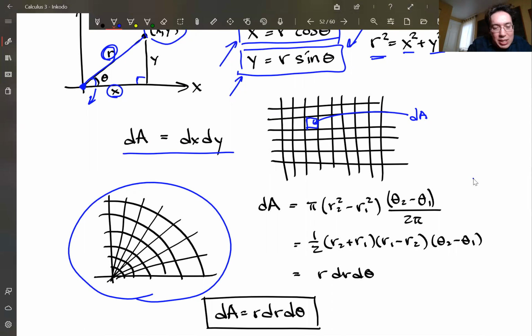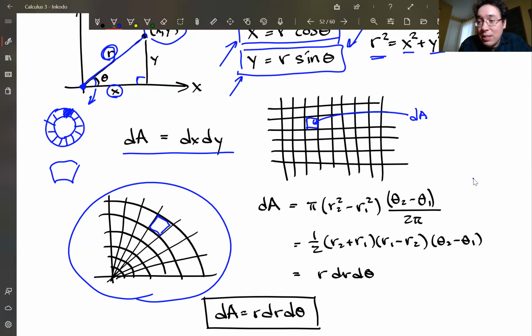So each of these area elements is not quite a rectangle. It's kind of like the shape that your windshield wiper in your car sweeps out. Imagine these are concentric circles. If you take two very close together radius concentric circles and chop this up into equal angles, that's the little area segment you get.